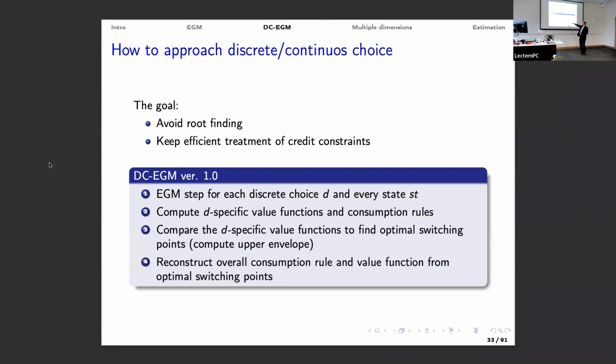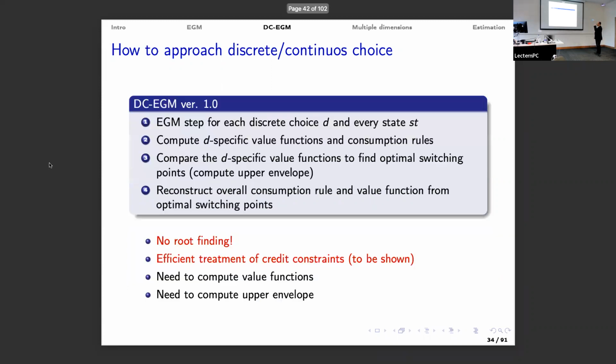But then we also have to reconstruct the consumption rule because for different regimes, worker and retiree, we have calculated in the EGM step a separate optimal consumption function, the policy function. And now we are combining two of them, splicing them at this threshold. Okay, and so no root finding. Well, we will show that the credit constraints are fine. We need to compute value functions because we want to compare different discrete options.